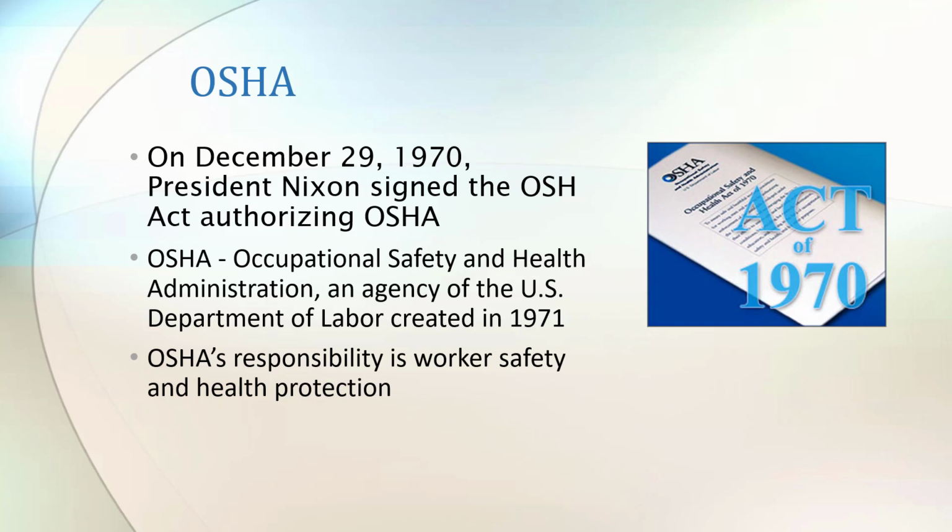So OSHA actually wasn't created until 1971. The act was signed December 29th, 1970, with only 2 days left in the year, but the OSHA administration was not created until 1971, and it was given the responsibility of protecting workers' safety and health.